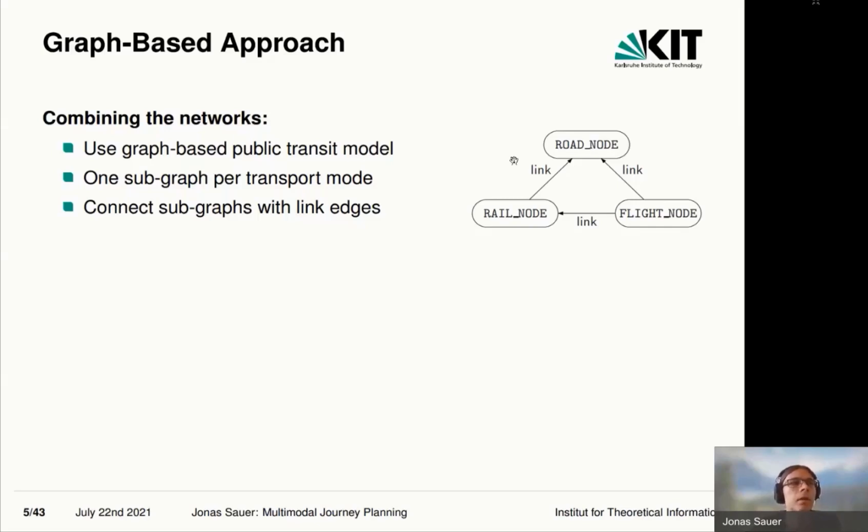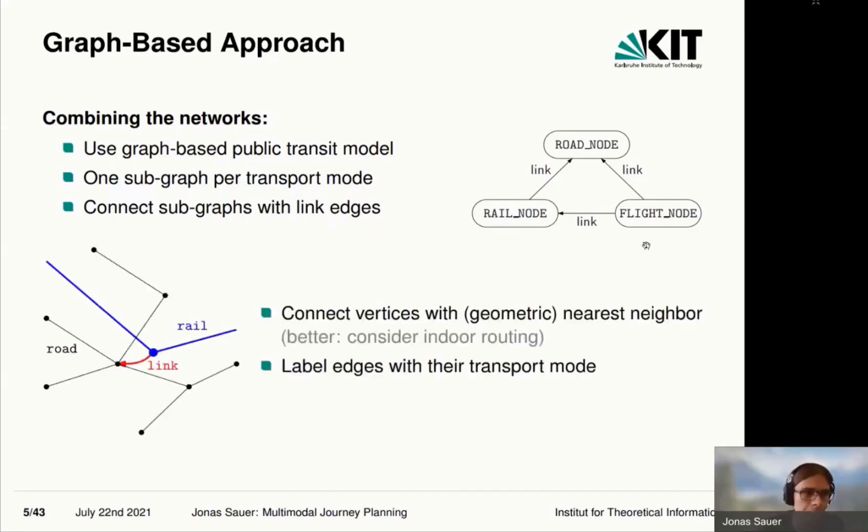For each transport mode, we have one subgraph representing that mode. Now we have to connect these subgraphs with link edges at the appropriate locations. So we might have a node from the rail network over here, another node from the road network, and maybe it's an airport, so we have a flight network as well. Now we have to link all of these somehow so that you can transfer from one subnetwork into the other.